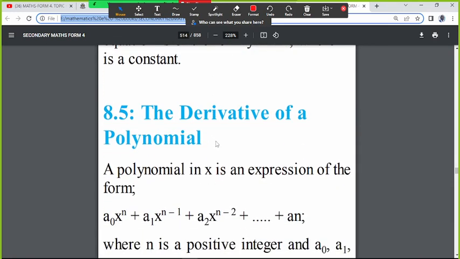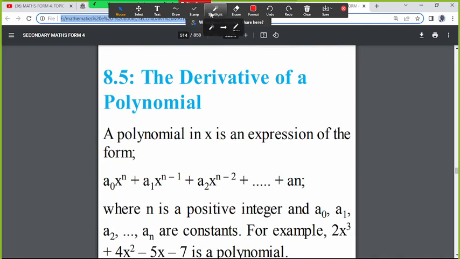derivative of a polynomial. A polynomial is an expression, a function that has more than one term. So a polynomial is an expression of this form: a0 x to the power n, plus a1 x to the power n minus 1.